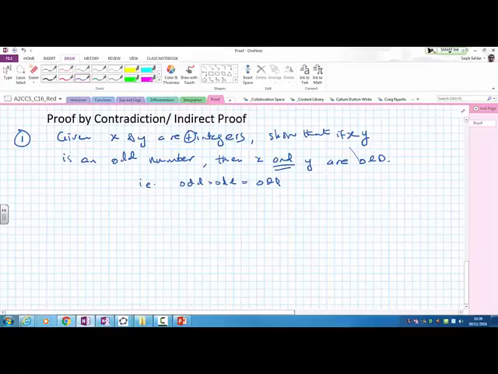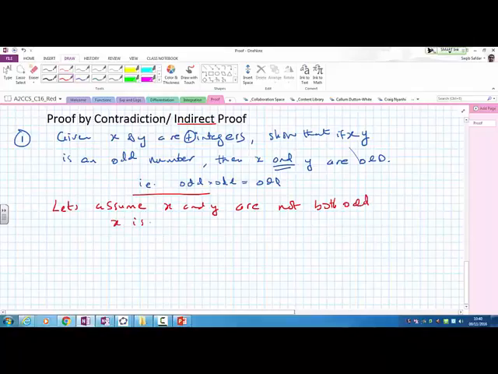Now, rather than proving this directly, we're going to prove it indirectly. We start by doing something which is contrary to the condition given to us, that x and y are both odd. So let's assume that we break this condition: x and y are not both odd.